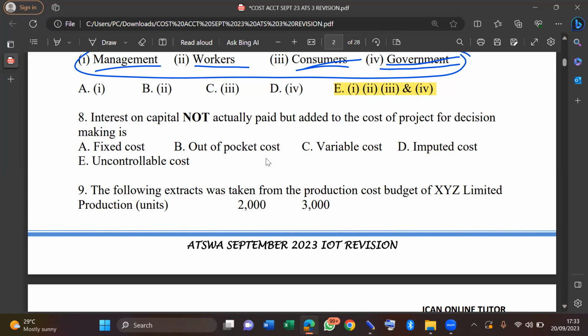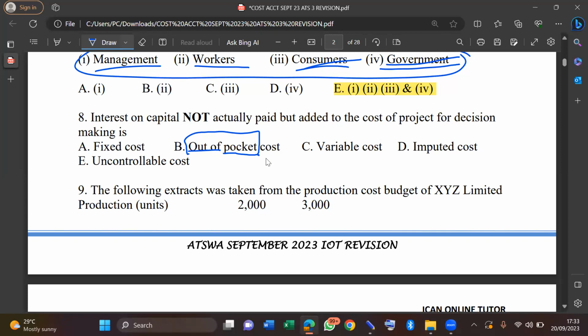Out of pocket means money you paid from your pocket. When you pay money from your own pocket, from your personal money, without even thinking whether you'll be reimbursed or not, it's called out of pocket.